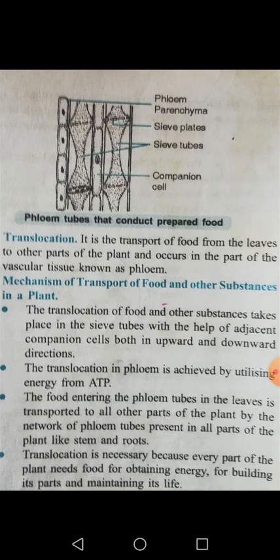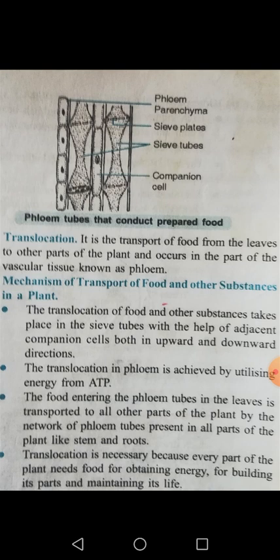Whenever the translocation occurs it will require energy, and this energy will be released in the form of ATP. ATP will break and adenosine diphosphate will be produced, and when the bond breaks from ATP to ADP, a huge amount of energy will be liberated, and this energy will be utilized for the process of translocation.